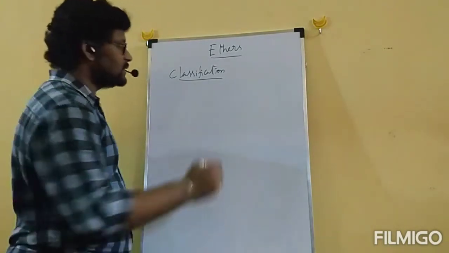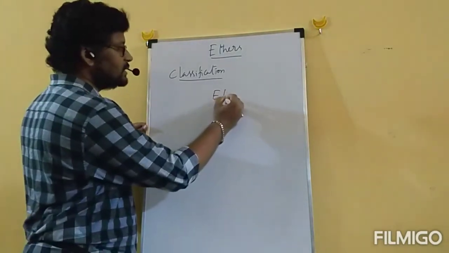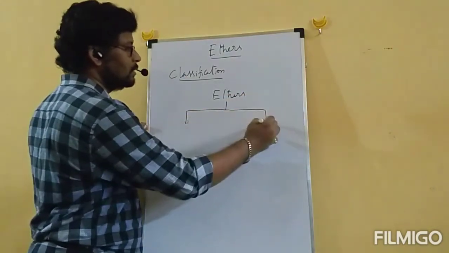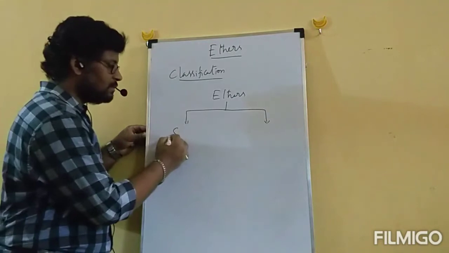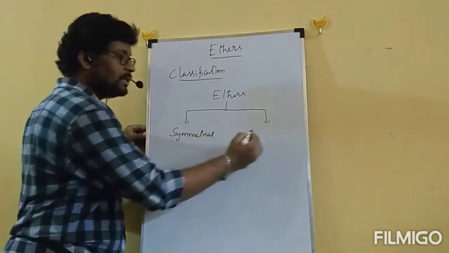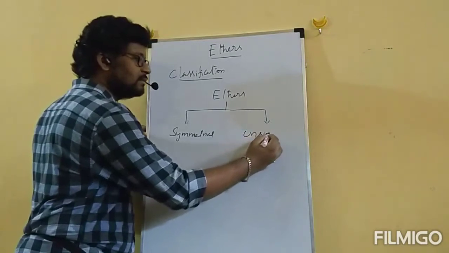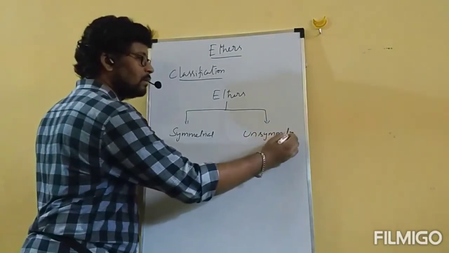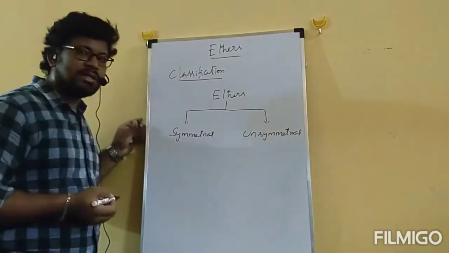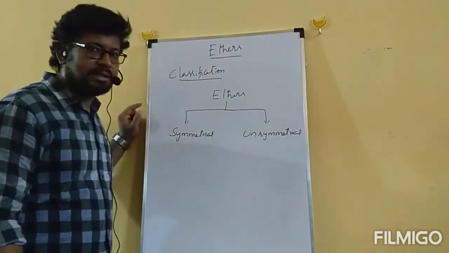Okay, under this classification, we can classify these ethers into two types. Those are symmetrical ethers and unsymmetrical ethers. Which are called symmetrical ethers and which are called unsymmetrical ethers?